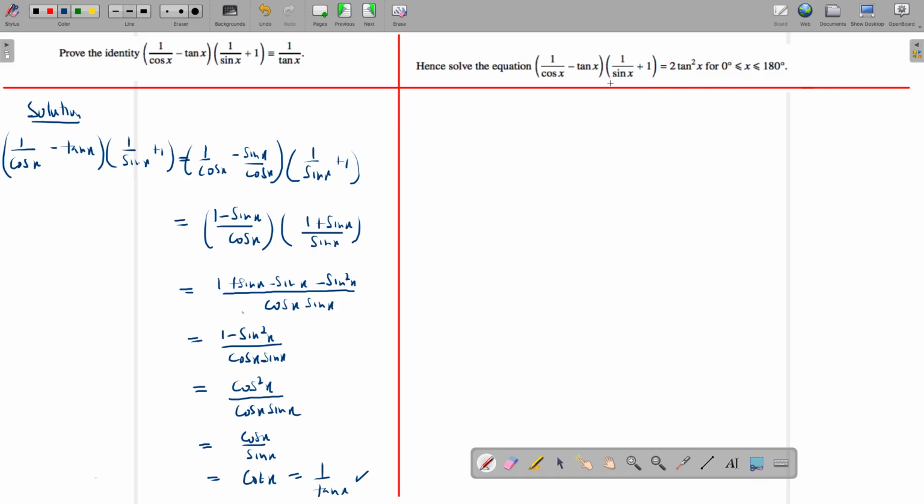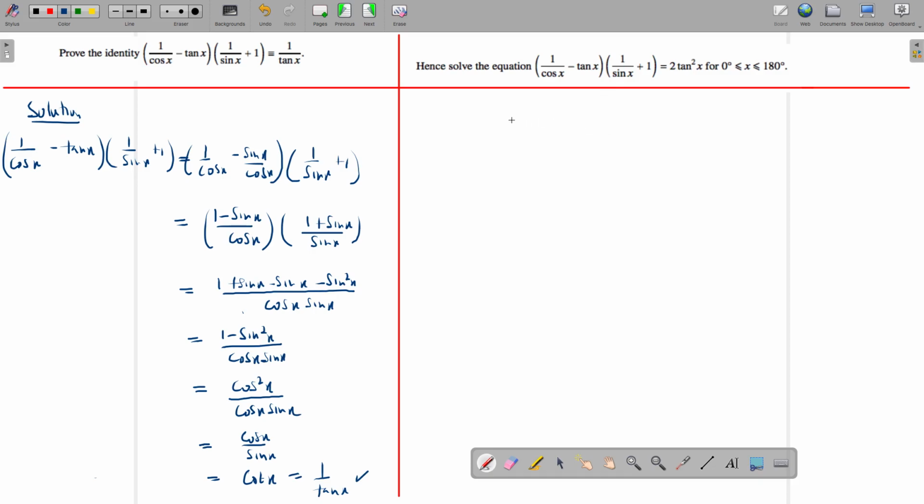Because when x becomes 0, sin x is 0, and when x becomes 180 degrees, sin x also becomes 0. So our x excludes 0 and 180, although we are supposed to solve between 0 and 180. If there are numbers in this range that make the denominator undefined, we are going to take them out. Okay, let's start.